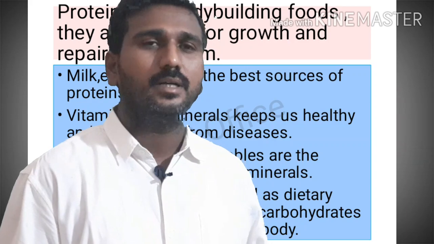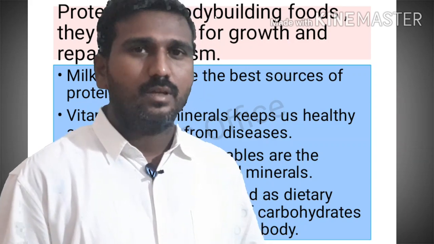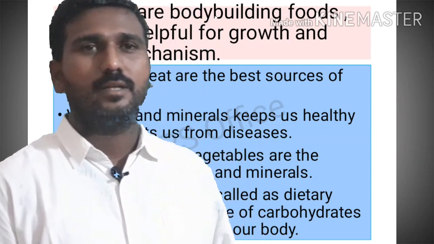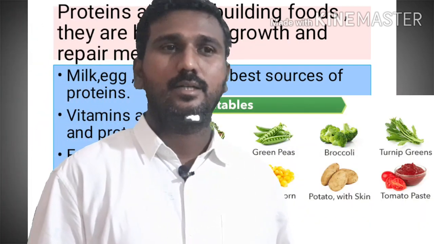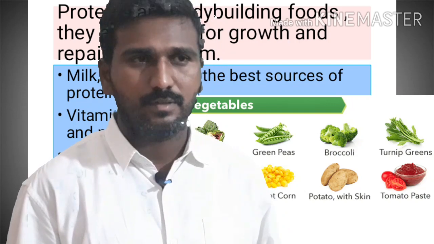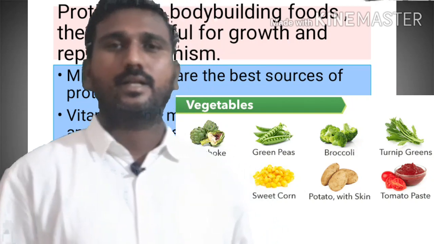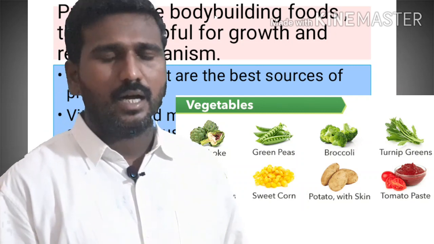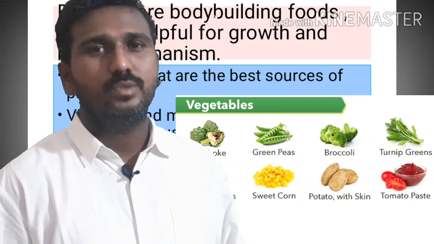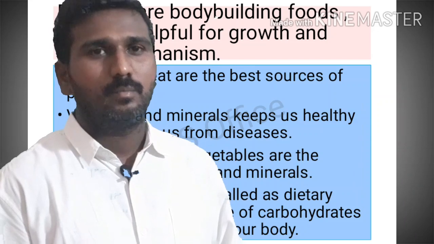Next, coming to the final food component, refuges. Refuges are also a type of carbohydrates. They do not have any specific function, but they are helpful for throwing out the undigested, unabsorbed waste materials from our body.